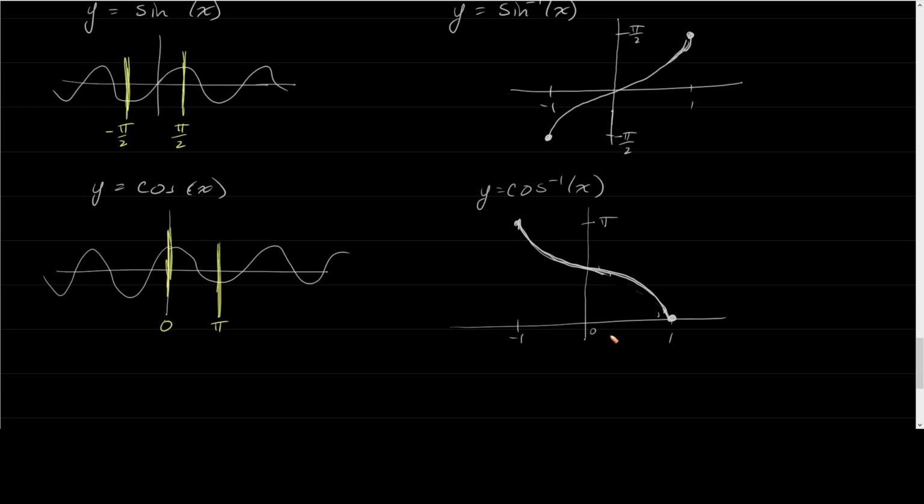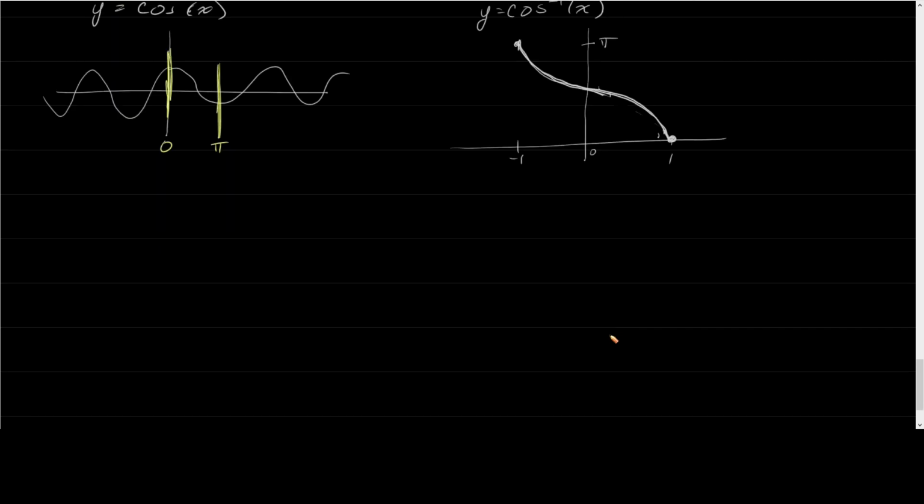All right, now let's look at the graph of tan inverse. If I first look at the graph of y equals tan of x, we just saw that it looks like this.